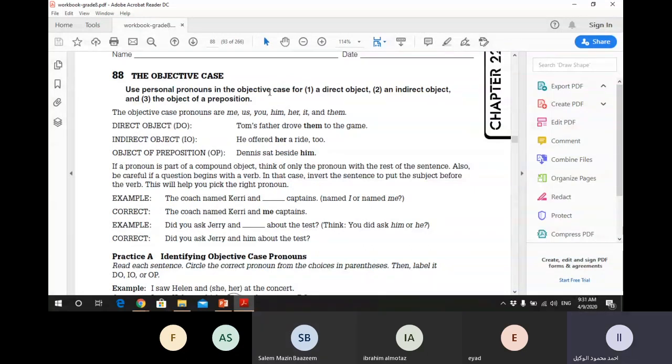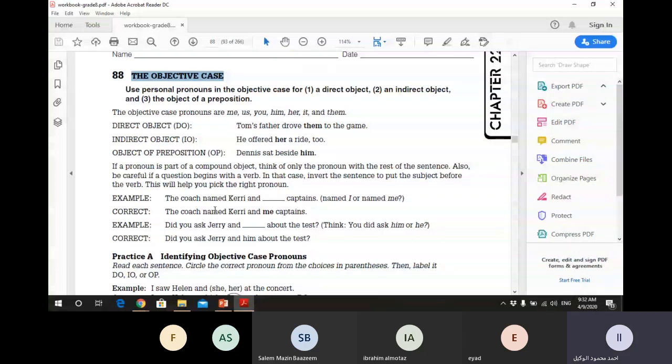Okay. So on page 87, we have spoken about the nominative case, meaning the subjective case. On the other hand, here we are talking about the objective case, when you have an object and you need to replace it with a pronoun.